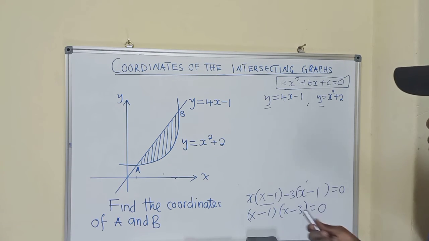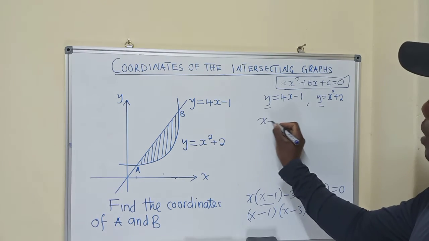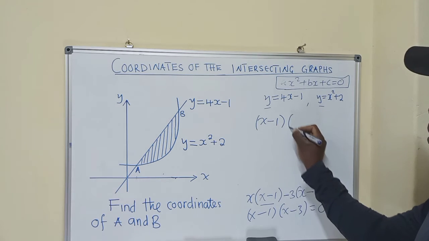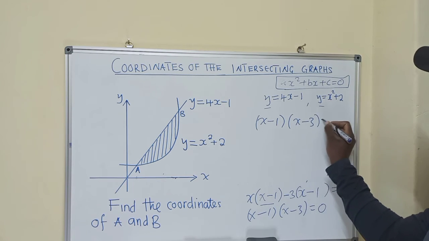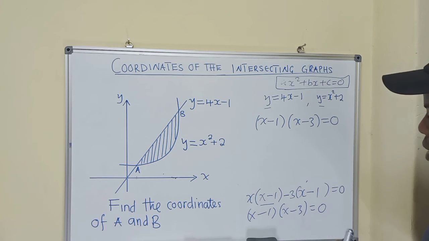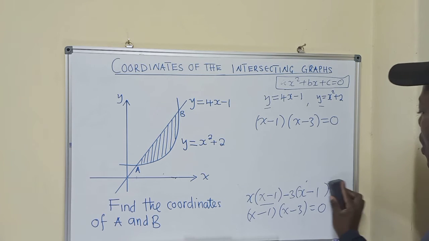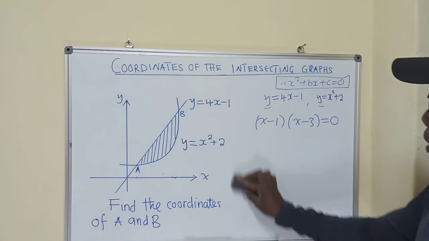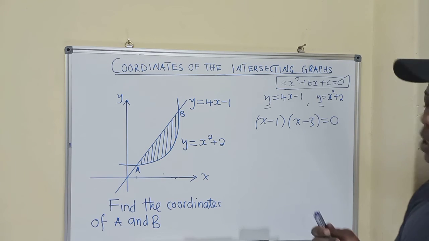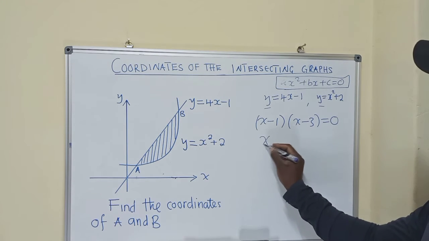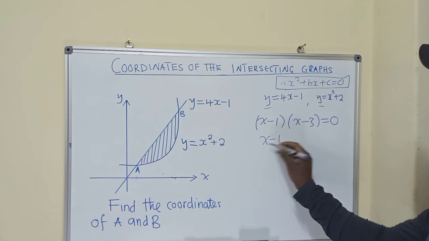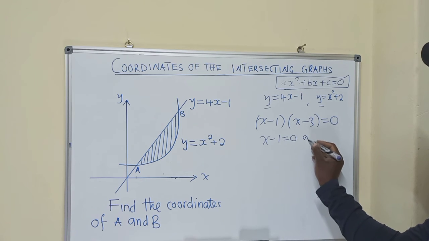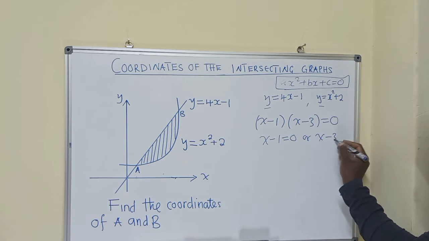So we are at this point, x minus 1, x minus 3 is equal to 0, okay? So now at this point, we will say x minus 1 is equal to 0, or x minus 3 is equal to what?